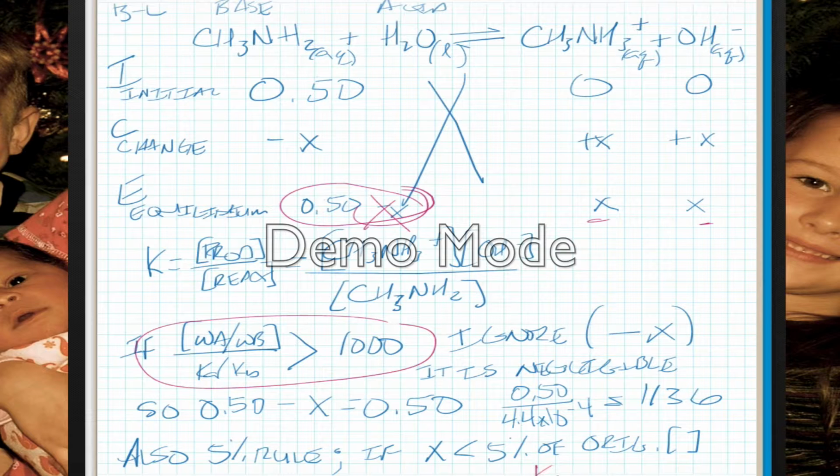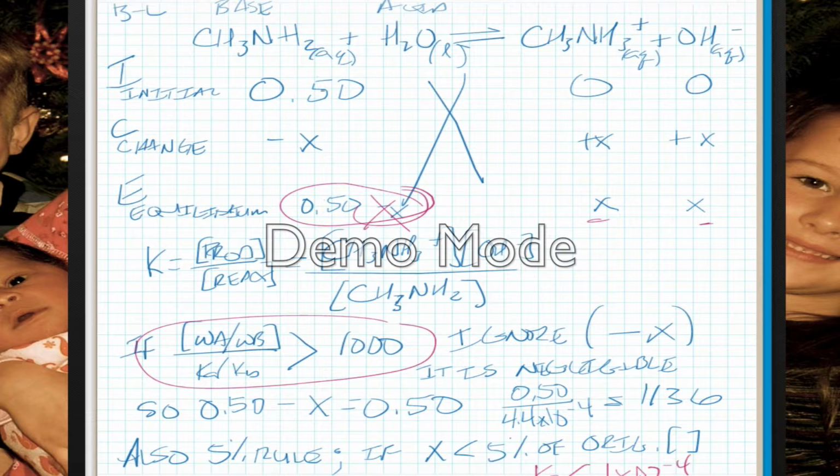Or sometimes what I'll say is if K is less than 1 times 10 to the negative fourth, you can also ignore X. Now this one was 4.4 times 10 to the negative fourth, which means that it was larger, so you couldn't use this hard and fast rule, so you'd have one of these other math calculations that could help you.